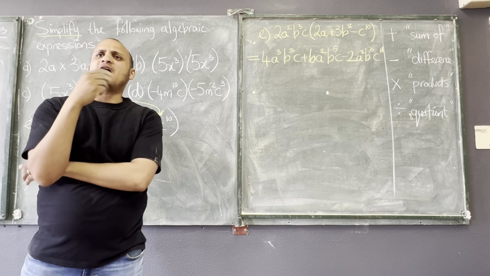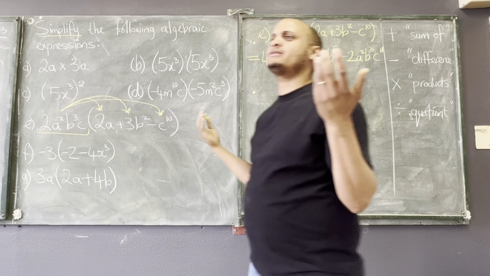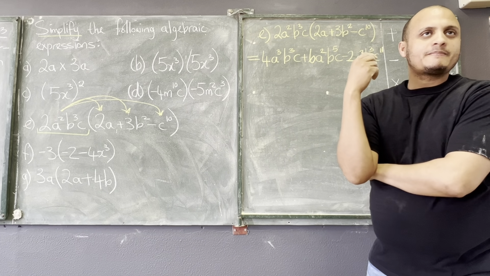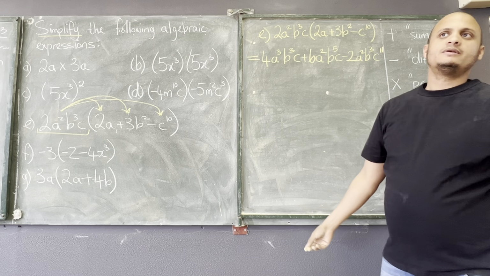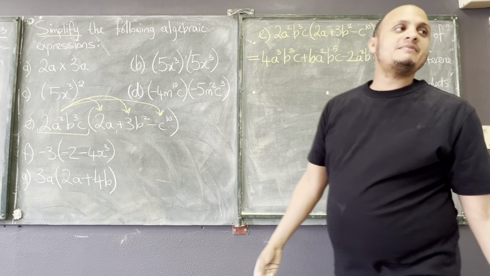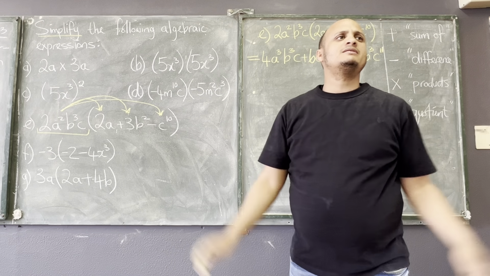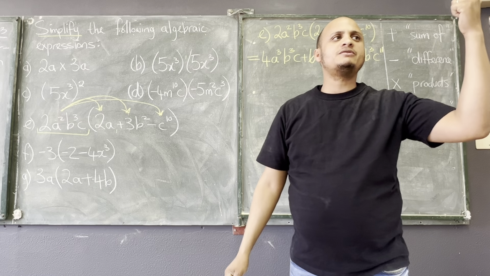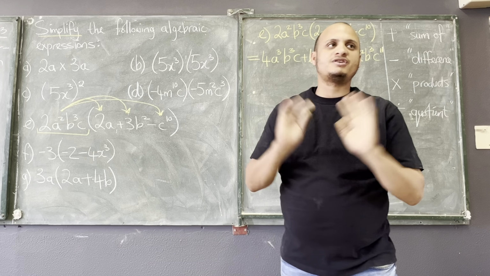What are the conditions for terms being like terms? The bases must be the same and the exponents. Two conditions. In other words, to put it plainly, same letters, same exponents. If you have the same letters but the exponents are different, they are not like terms.